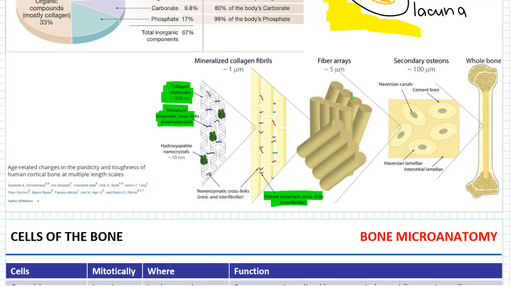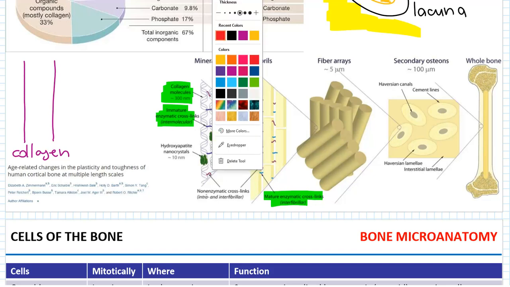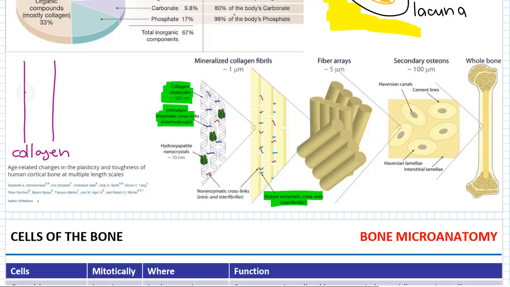Let me give you a highlight of this. This is going to be schematic, folks. Don't take it as the actual anatomically correct, chemically correct thing. So let's say we have two collagen fibers that are connected by these crosslinks, okay?